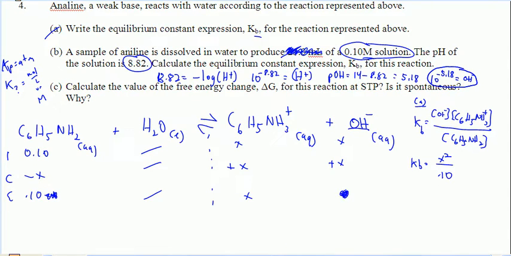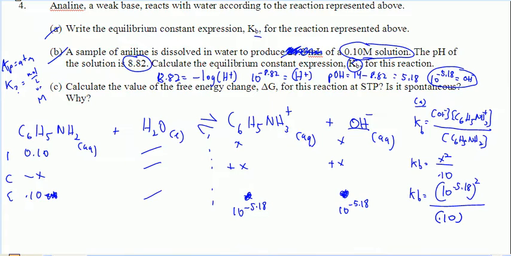So, boom, I got it. 10 to the minus 5.18, which makes this 10 to the minus 5.18. I got all the information I need. So they want Kb. Plug it in. 10 to the minus 5.18 squared over 0.10. That gives me Kb.